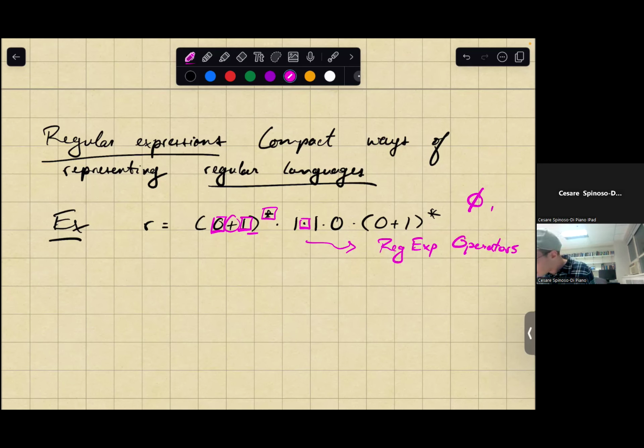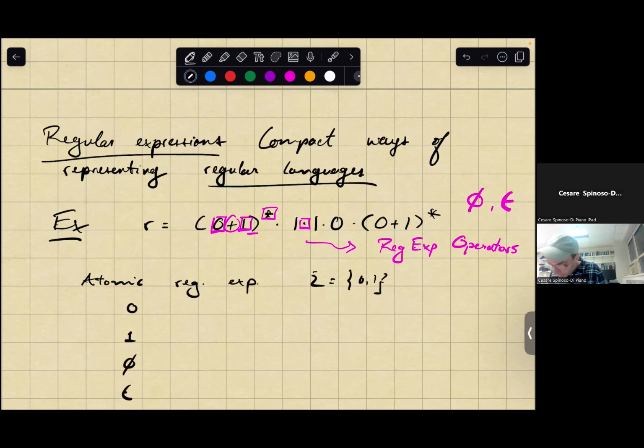And also, let me write epsilon this way, right? So this is the regular expression that looks like epsilon because it denotes the language just containing epsilon. So we have atomic regular expressions. If my alphabet is 0, 1, then those are 0, 1, the empty set, and this epsilon thing.